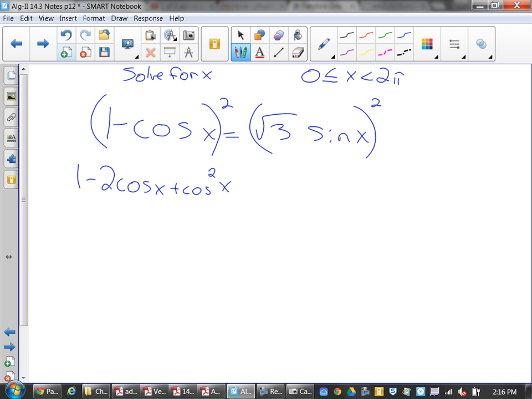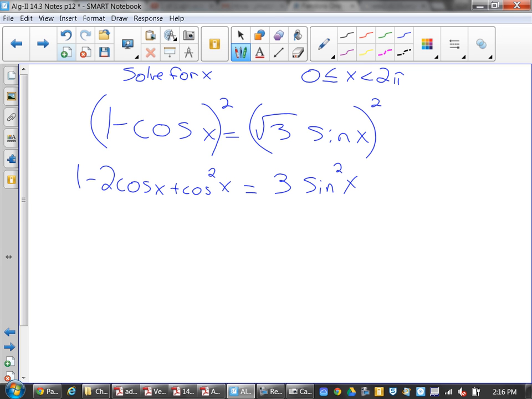On the other side, it's a monomial. There's no addition or subtraction sign. When it's a monomial being squared, you distribute the square. So the square root of 3 squared is 3. So now you have 1 minus 2 cosine x plus cosine squared x equals 3 sine squared x.